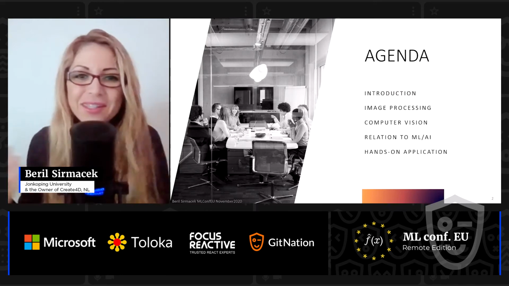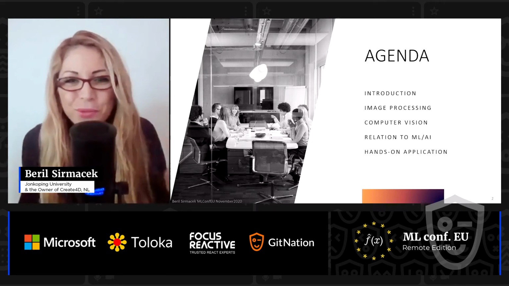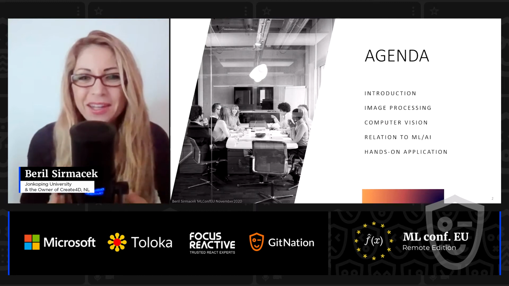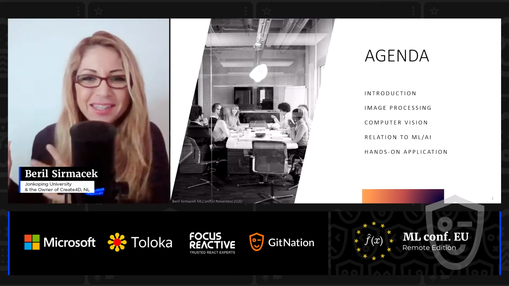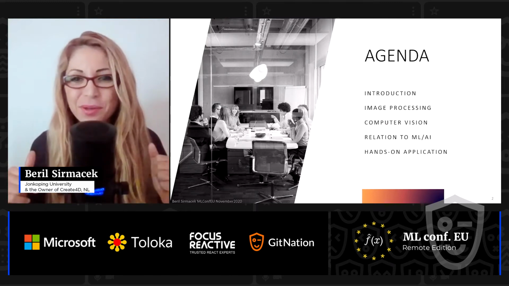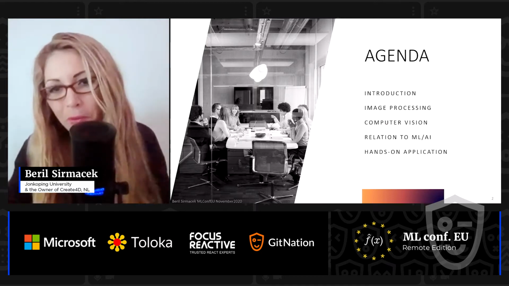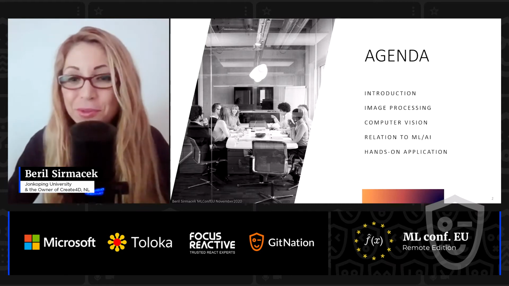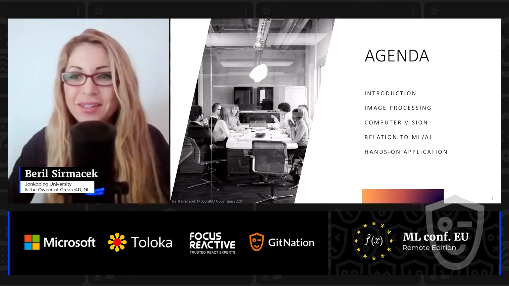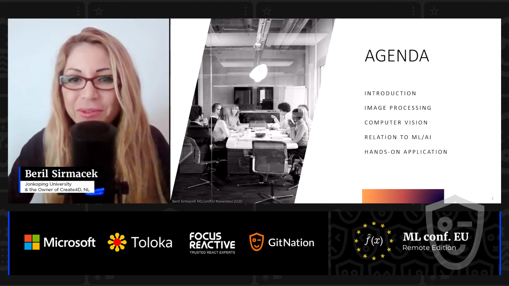So how is it different? Is computer vision irrelevant now because AI is doing everything by itself? We will discuss these topics. And lastly, I will give you a piece of code.